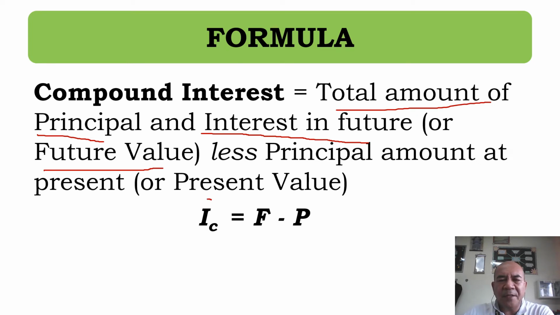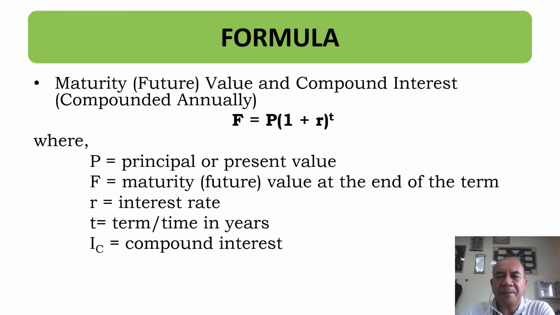So the formula is IC, meaning it is compound interest, equals the future value minus the principal, F minus P. So this is the formula for compound interest.